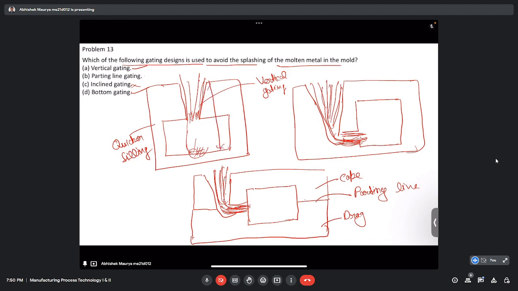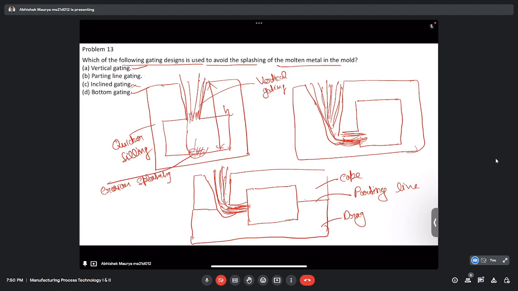The molten metal has momentum, and if the mold strength is not good, then there is the problem of erosion or splashing. The metal will fall and get splashed, and erosion may take place.